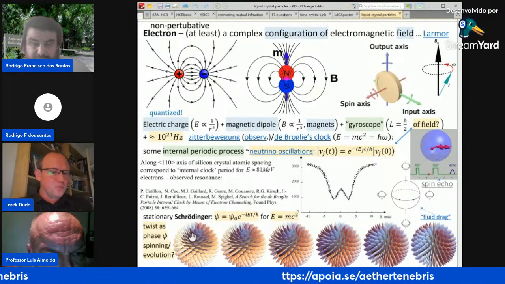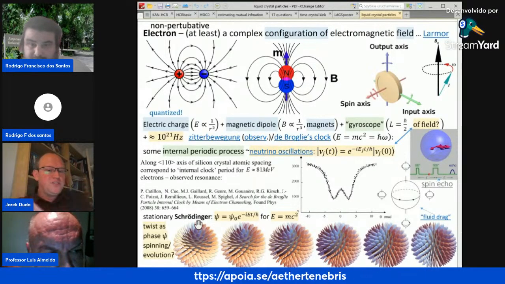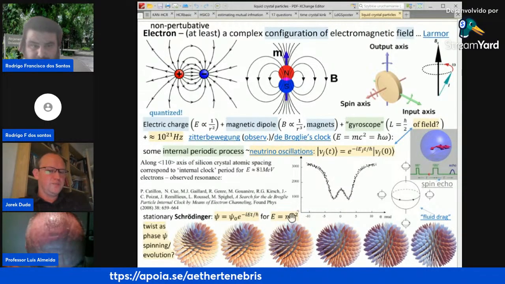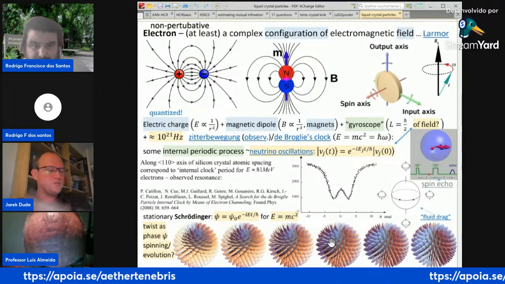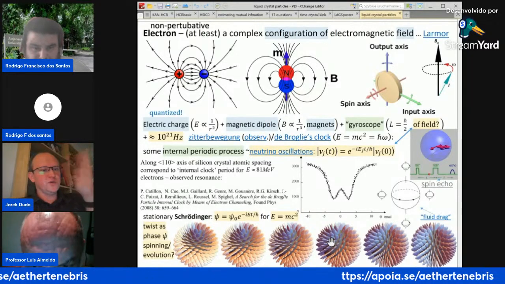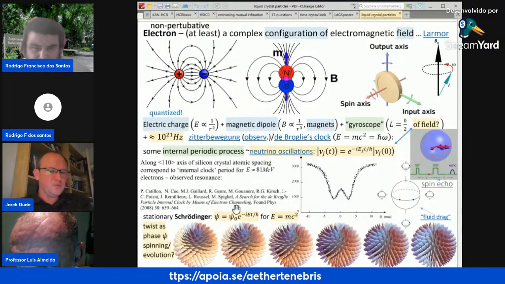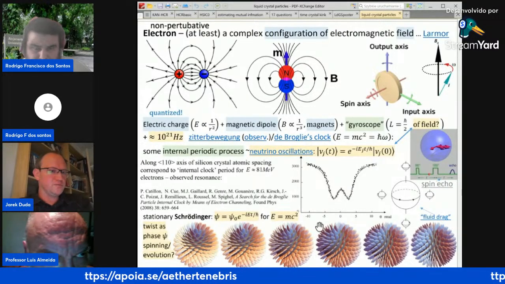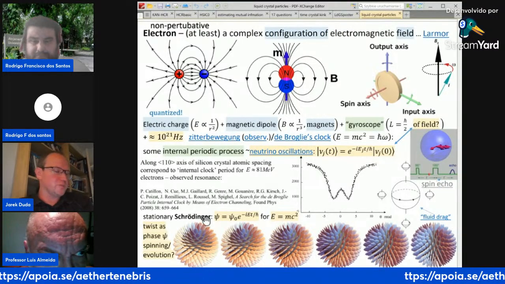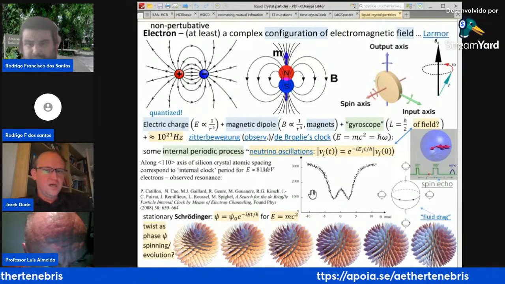From the other side, we recognize this twist, and this twist has to evolve in time. So now with time we assume that this field twists. Interpreting it as the quantum phase, we get this kind of quantum phase evolution as we need for relativistic quantum mechanics.